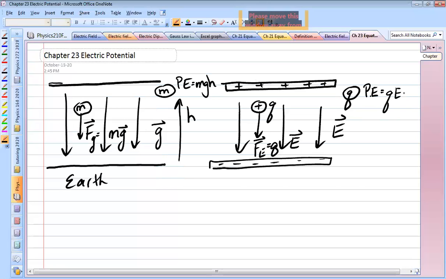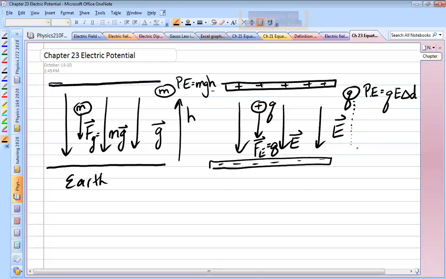And instead of height, we just call it a distance, delta D, because it doesn't have to be vertical, whereas over here in gravitational field, this is always vertical. You could turn this picture sideways, and so delta D is the distance. And similarly to the mass, if this charge falls down, it picks up kinetic energy, loses potential energy, and energy is conserved.